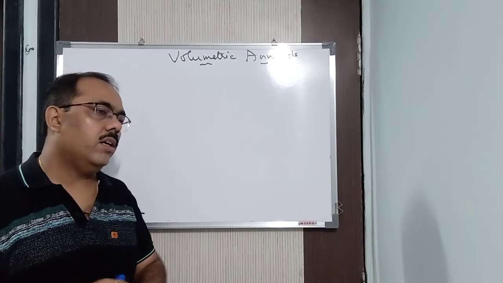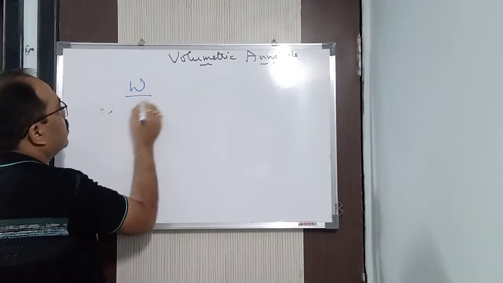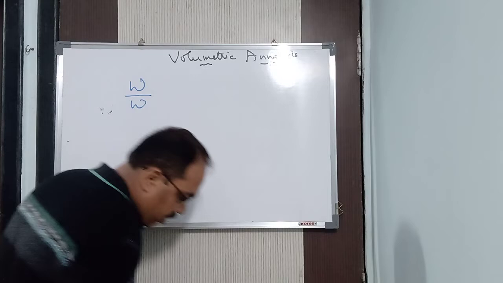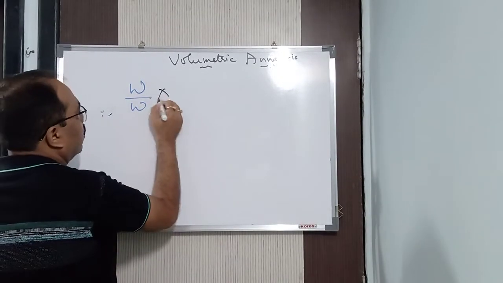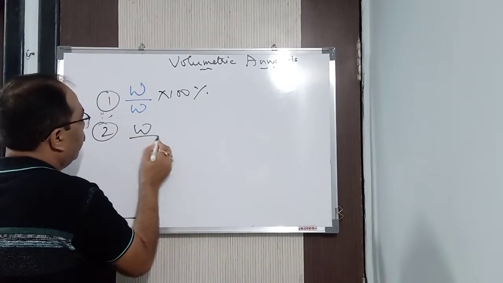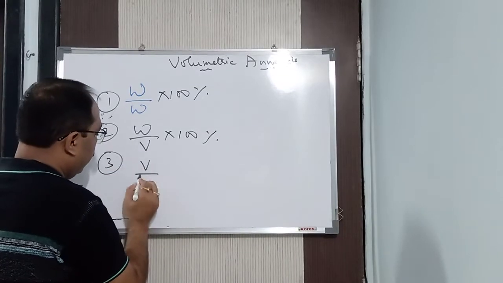Now, in regular classes I talked to you about W by W, and I told you about W by V, into 100%. W by W into 100%, then W by V into 100%, then V by V into 100%.